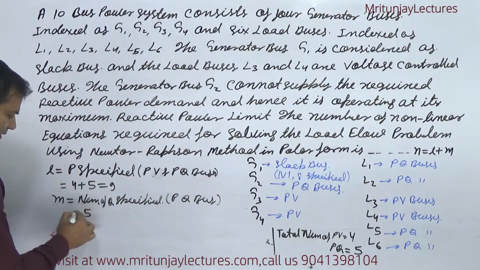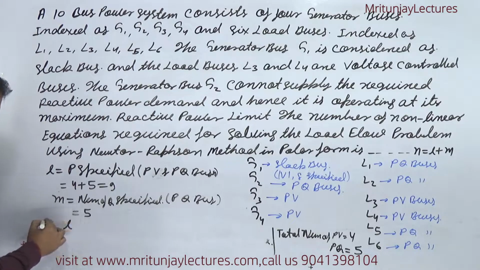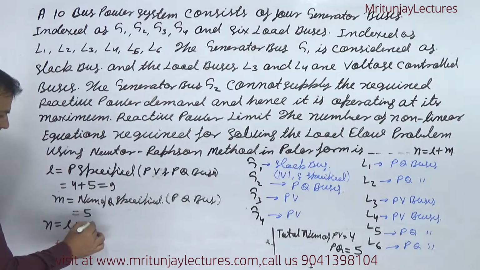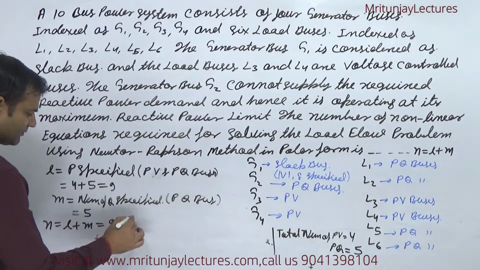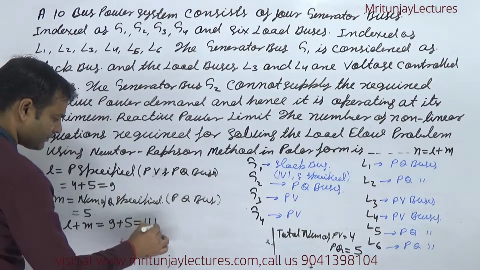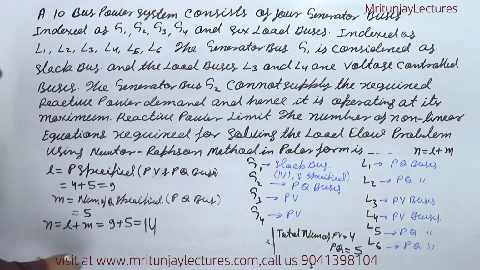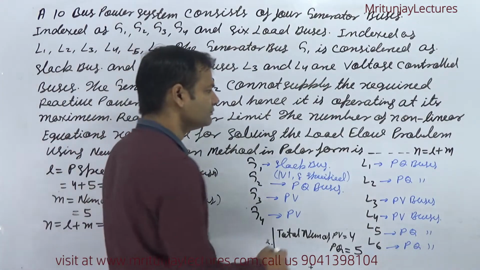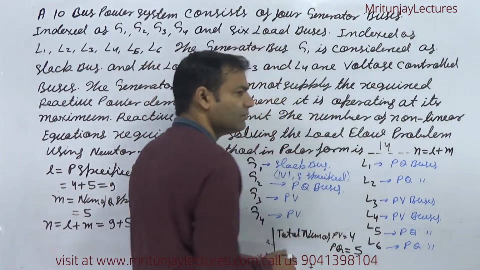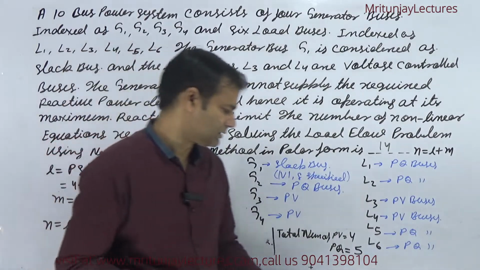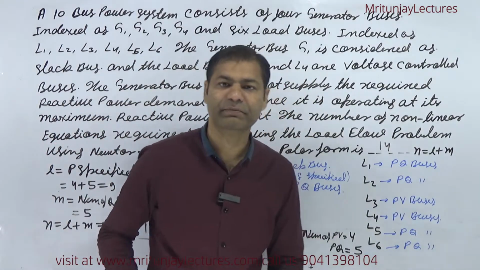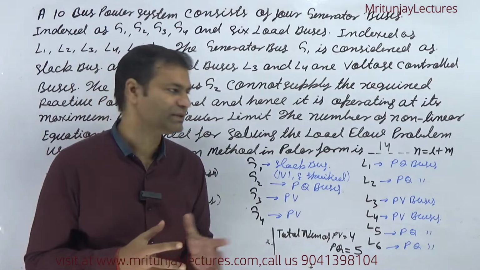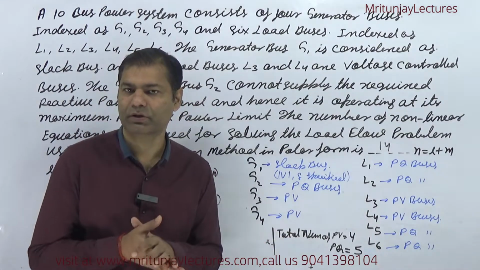That is 5. So what about n? n is equal to L plus M, so 9 plus 5, that is 14. So 14 is the final answer. If the question asks for the size of the Jacobian matrix, then it is 14 by 14. Is it clear or not?